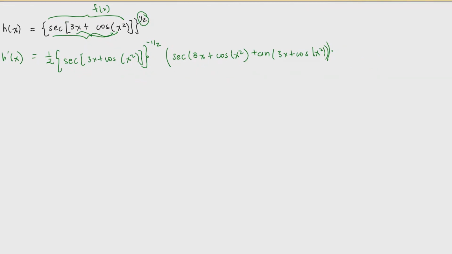So we need to differentiate this to finalize our equation. So we have the derivative of 3x, which is 3, and then plus, this one is cosine x squared. So we differentiate cosine, that is negative sine, and then x squared. But you still have to differentiate this x squared and then multiply it with this, so we get 2x.